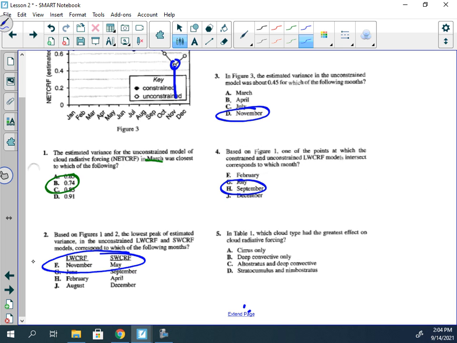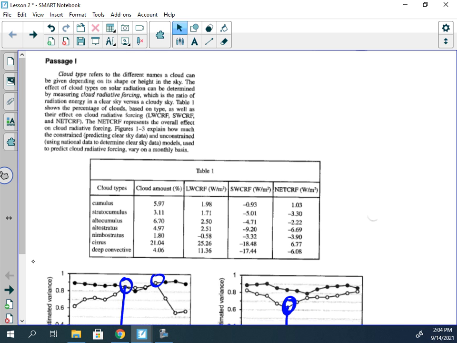And lastly, in Table 1, which cloud type has the greatest effect on cloud radiative forcing? So we're looking at Table 1. Now, does it give us that? Greatest effect on radiative force. So most likely we're going to have to look back at the passage.